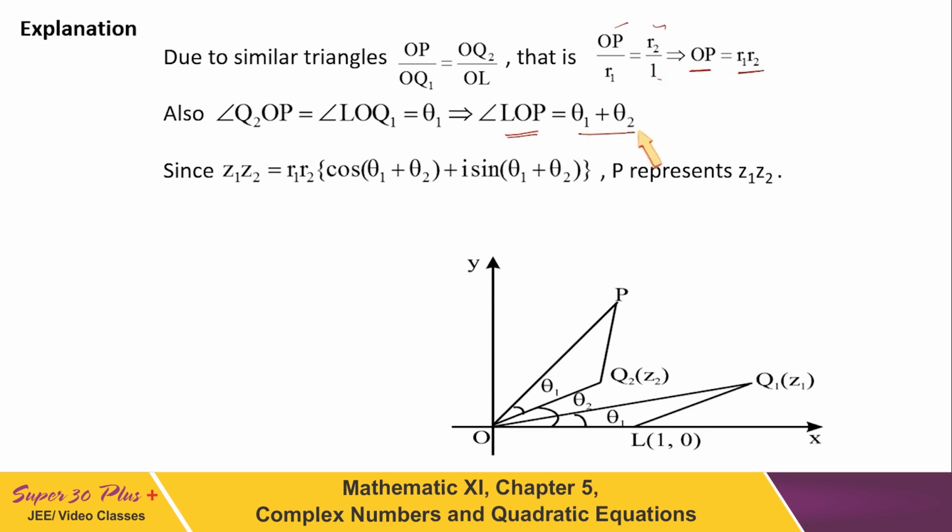So we write the complex number OP, which represents the product of these two complex numbers z1 and z2, and this is equal to R1 R2 (cos(theta1 plus theta2) plus iota sin(theta1 plus theta2)). Here modulus of z1 z2 is equal to R1 R2, and the argument of this complex number is equal to theta1 plus theta2.